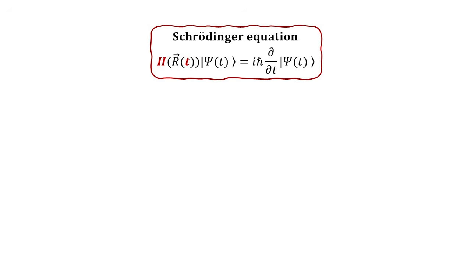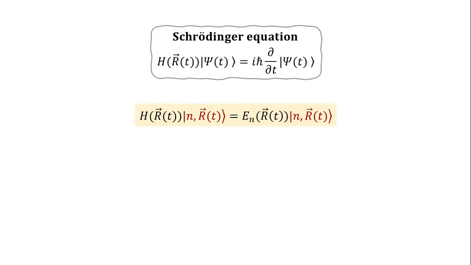Now, back to our Schrödinger equation with Hamiltonian that depends on time through r. At any given instant t, the eigenstates of the Hamiltonian can be determined, assuming the Hamiltonian depends on a set of time-dependent parameters r. These eigenstates, denoted as |n(t)⟩, are the solutions to the instantaneous eigenvalue problem.